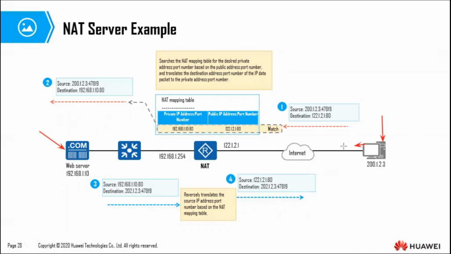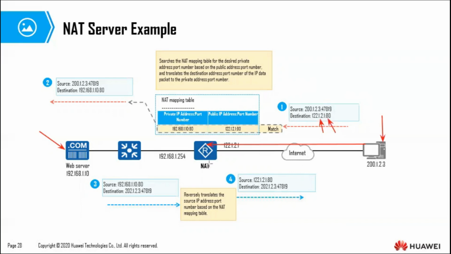So this guy will send a request. The destination mmu.ac.ke will be translated to a public IP address using a technology we call DNS. We're going to discuss that later. So destination 122.1.2.1, port number 80.